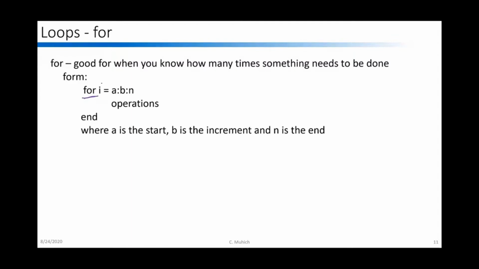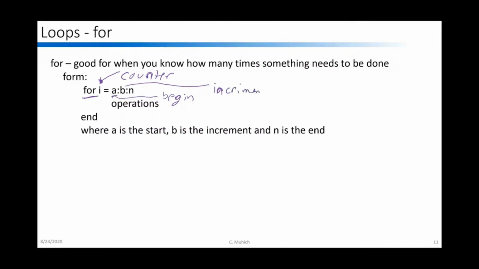So this I is going to be a counter, and it's going to count from A. So we'll call this begin. So it's going to begin with I equals A, and then every time it goes through the loop, it's going to increment by B.